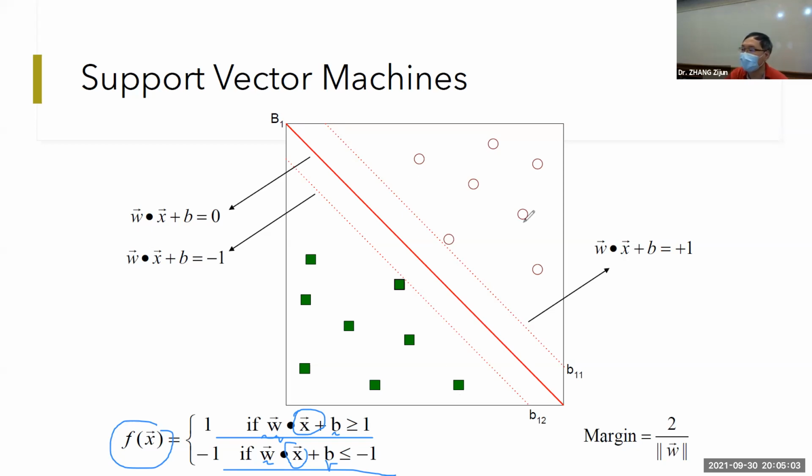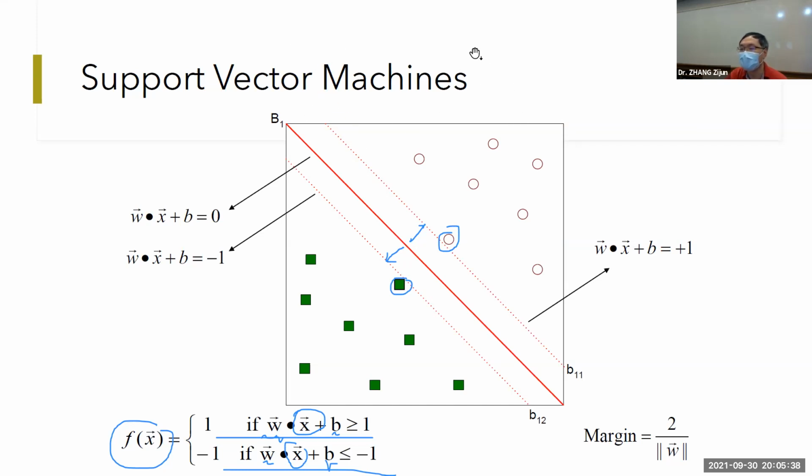How can we determine the margin? We move it until it touches these data points, and we move it across this direction until it touches these data points. Then we need to determine W and B so that this line will touch the data points this way, and that line will touch the data point that way. These two data points we consider to be support vectors. Why is it called support vector machine?